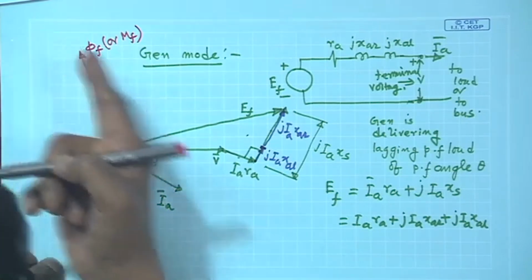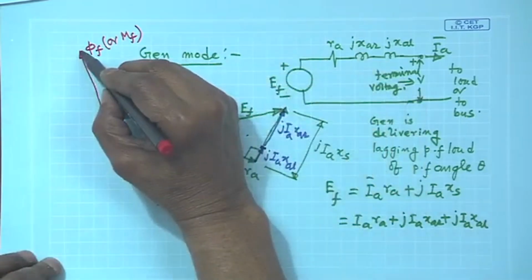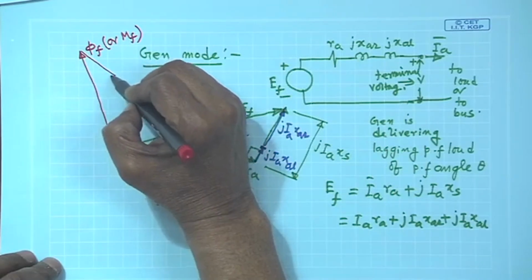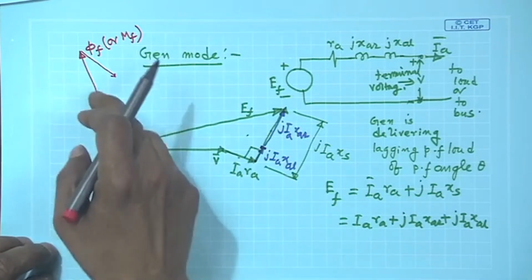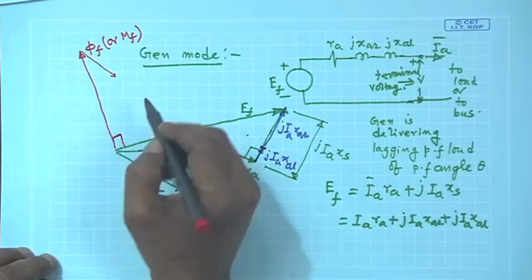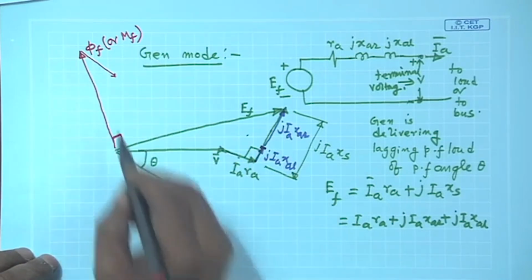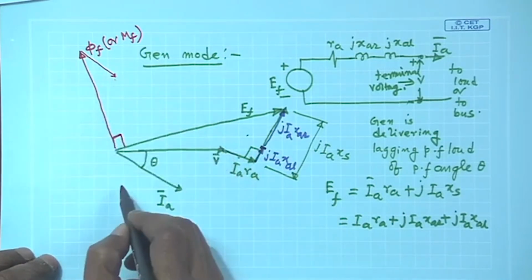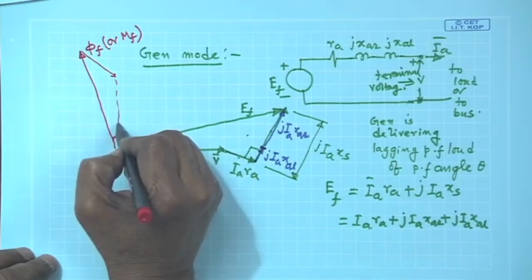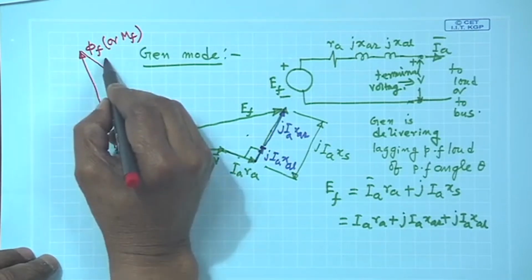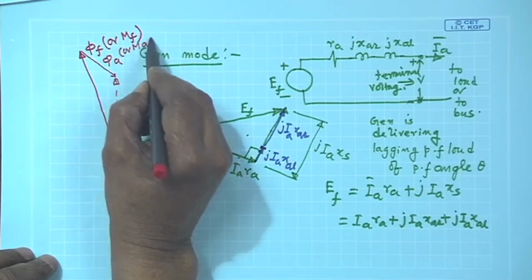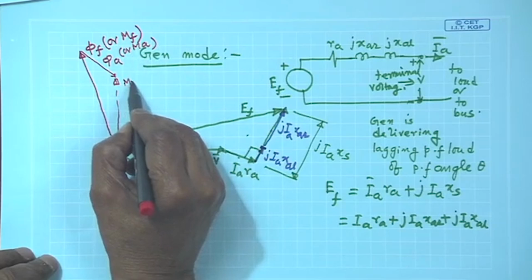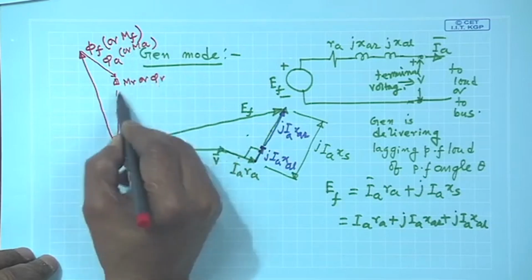So, phi f plus MA, if you do, you will get MR. This is phi A or MA, and you will get MR or phi R, the resultant field.